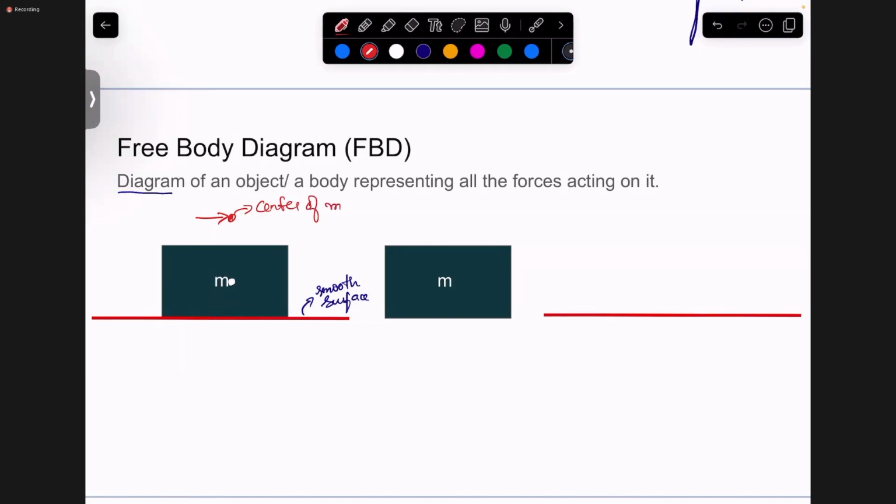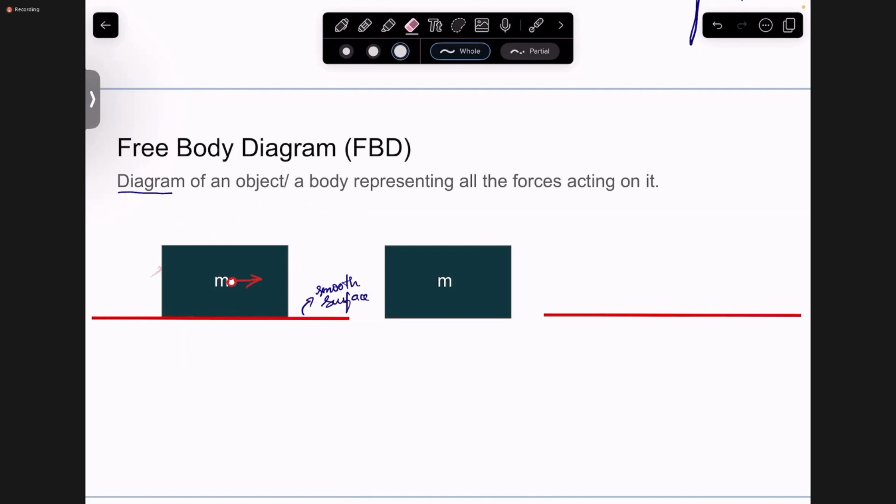It's like this whole rectangle: you don't need to consider if the force acts here or here or somewhere else. You can always imagine that the force is acting on a point like this. That point is called the center of mass. This comes as a consequence of thinking of the body as rigid.